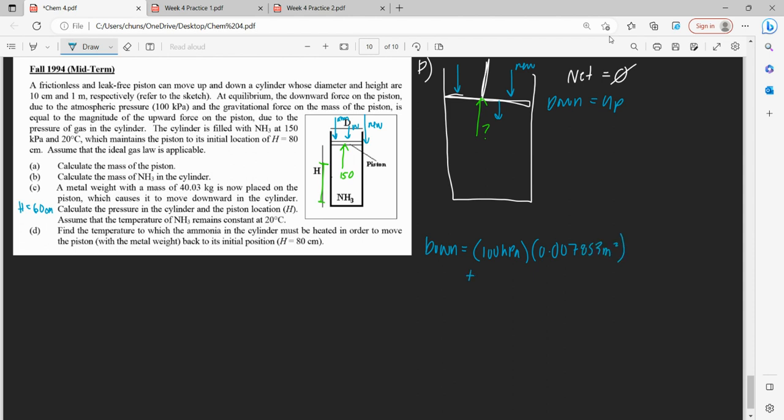And this is plus our 9.81 times the mass of our piston, which we determined to be 40.030 kilograms. And this is plus 9.81 times our new mass, which is 40.03 kilograms.